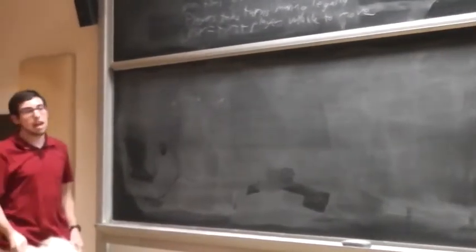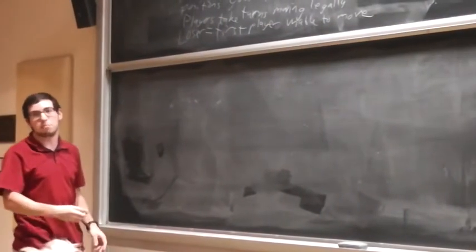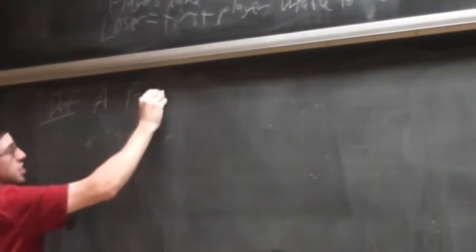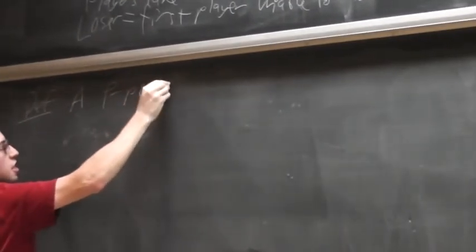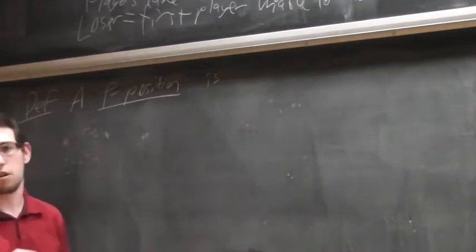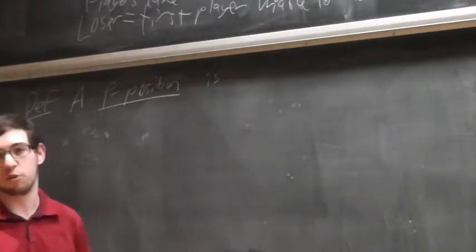So along with games, we need to define N and P positions. A P position is a game where the next player to move with perfect play will lose.